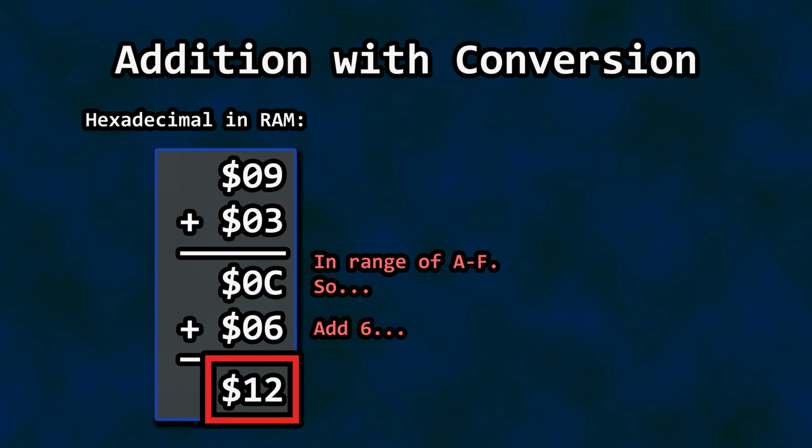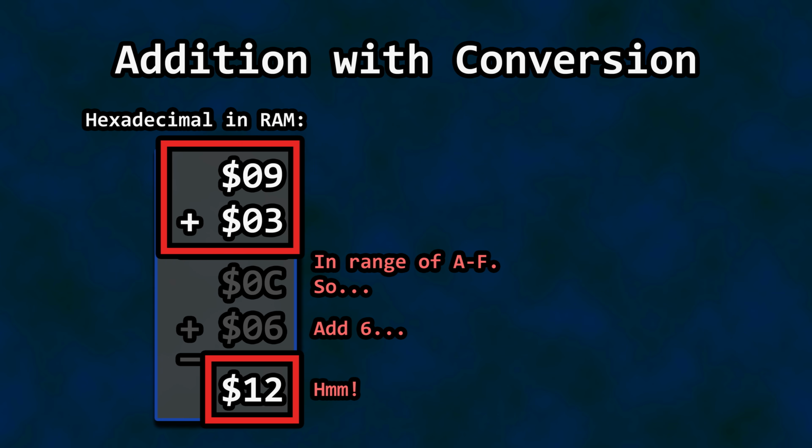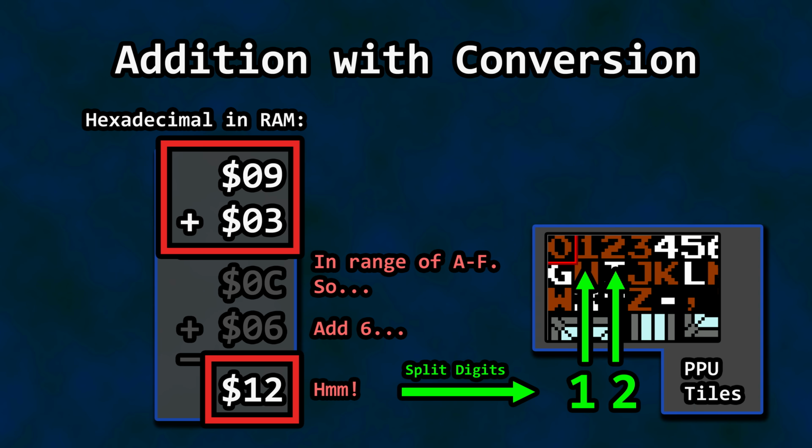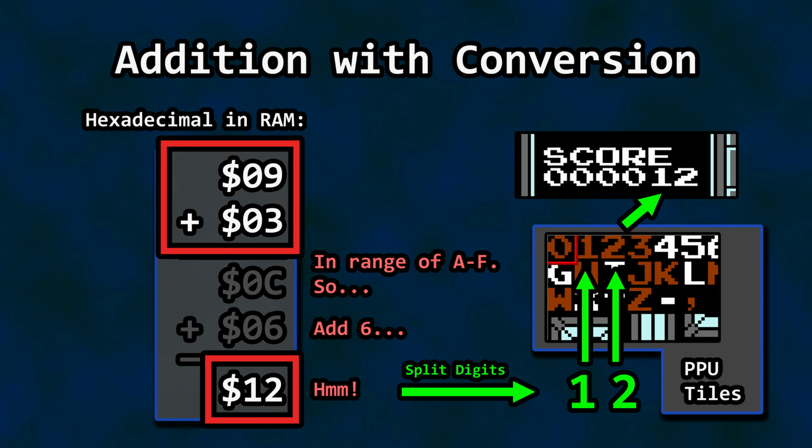The result of this is technically 12 hex, but really, we now have the appropriate pair of decimal digits, a 1 and a 2, stored in a single byte. The graphics logic only needs to split each byte into 2 nibbles and find the tile with the appropriate digit to build the score on the screen.